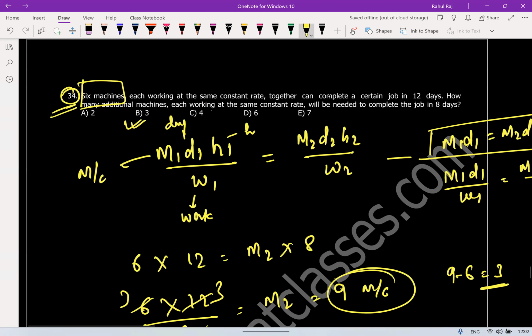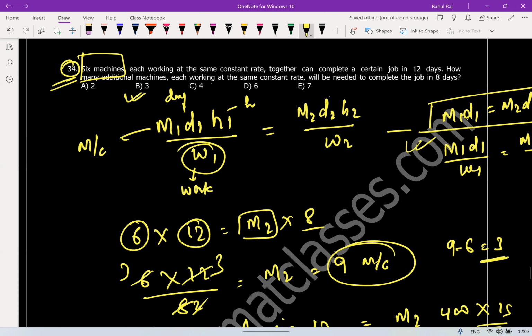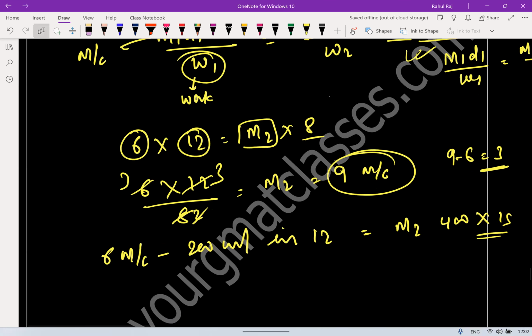This is a place where you can easily use the unitary method. M1 D1 is equal to M2 D2. 6 machines can do a job in 12 days. How many extra machines are required to do a job in 8 days? So 6 into 12 is equal to M2 into 8. That's absolutely 100% fine. So the unitary method works when it is M1 D1 is equal to M2 D2. But the moment they insert a work element, you will go mad. But if you know this formula, it will be all done.